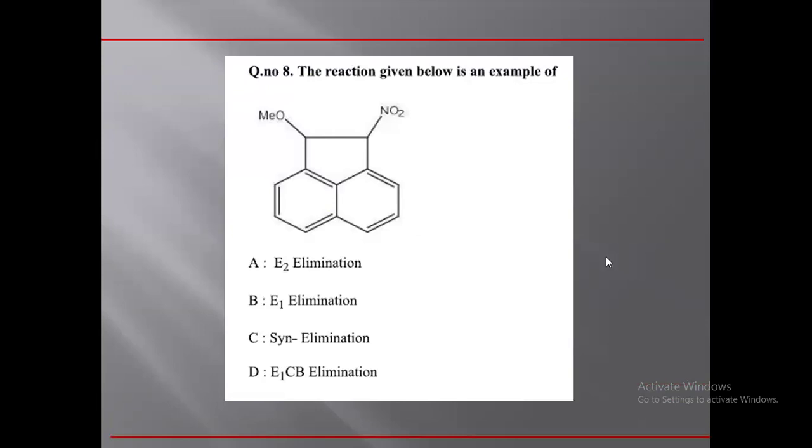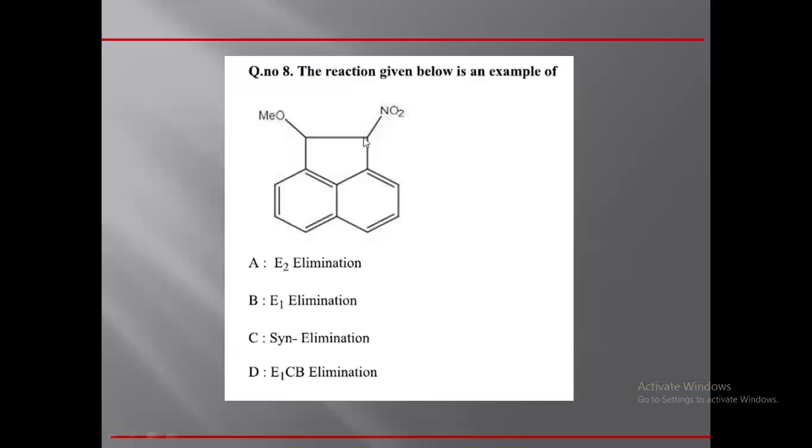Question number 8. The reaction given below is an example of E2 elimination, E1 elimination, Cn elimination, or E1cB elimination. You can see this structure has nitro groups, so alpha protons are there. With respect to these electron withdrawing groups, these alpha protons are highly acidic.